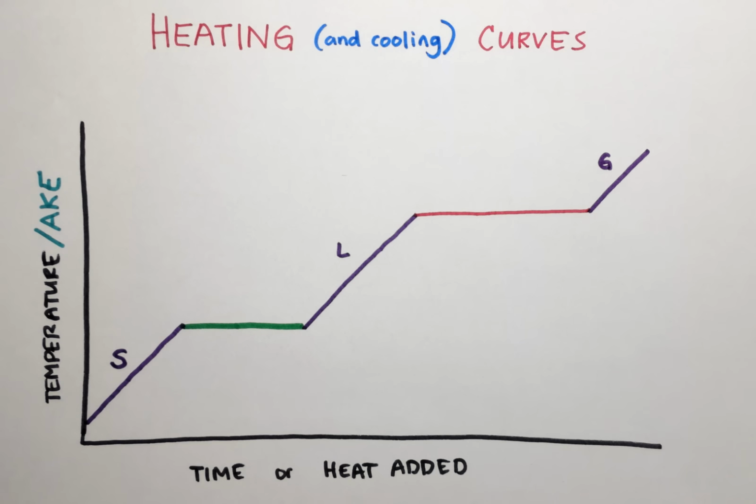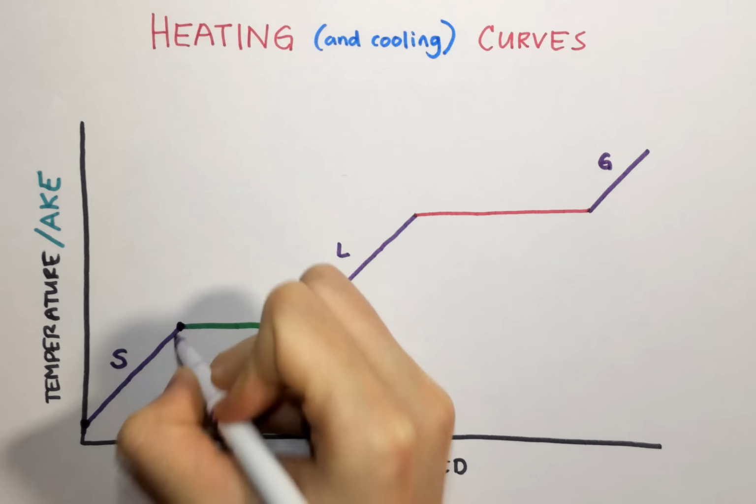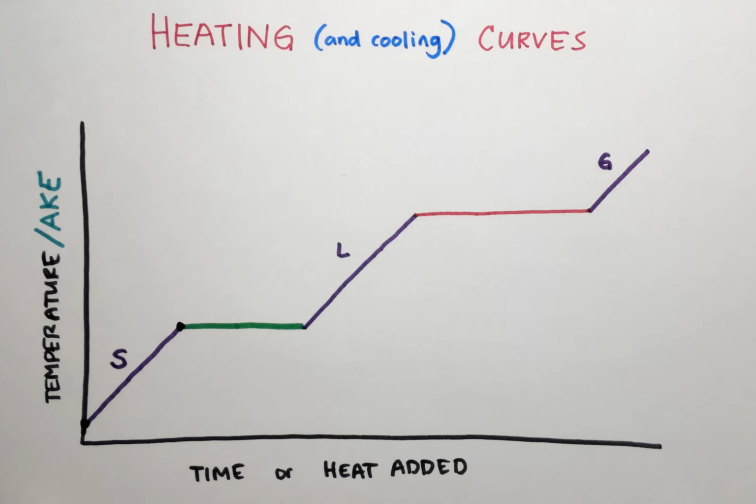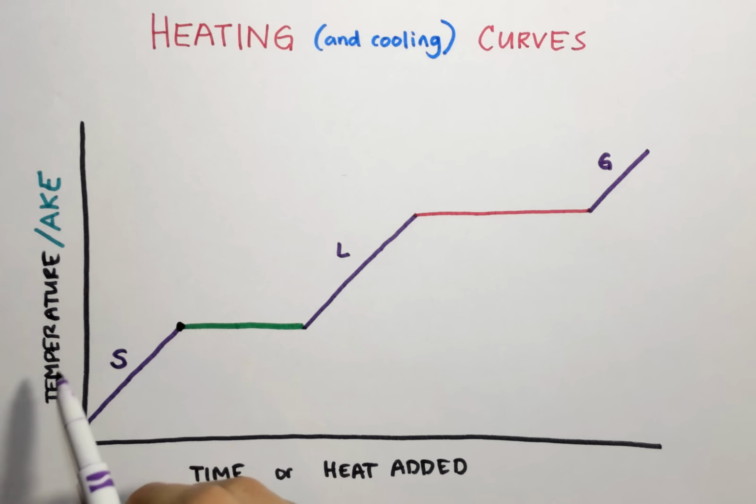So if we look at all parts on this curve, we can start making some conclusions about what's changing and what's not. As I move from the very bottom point of my curve right to where it starts to get flat, that time when our substance is a pure solid, what's changed from this point to this point is the temperature of the substance.